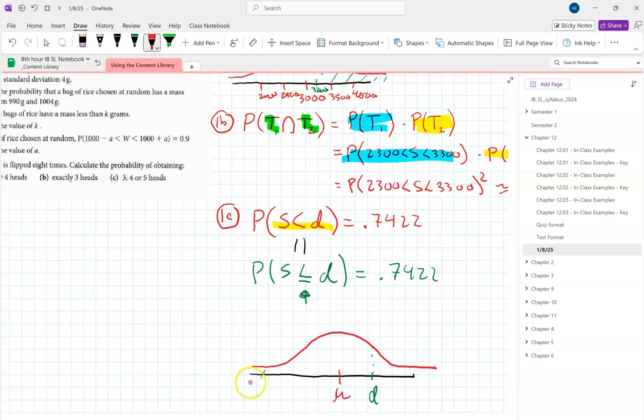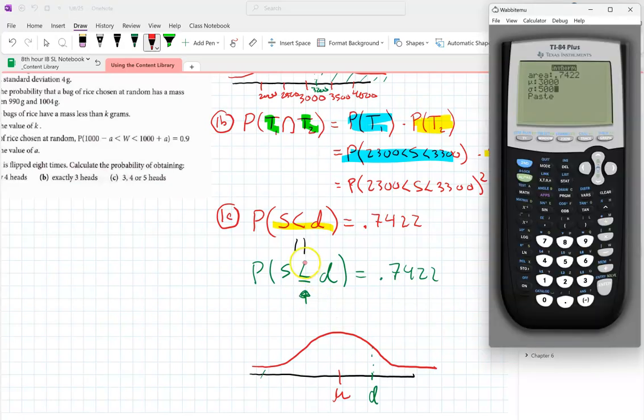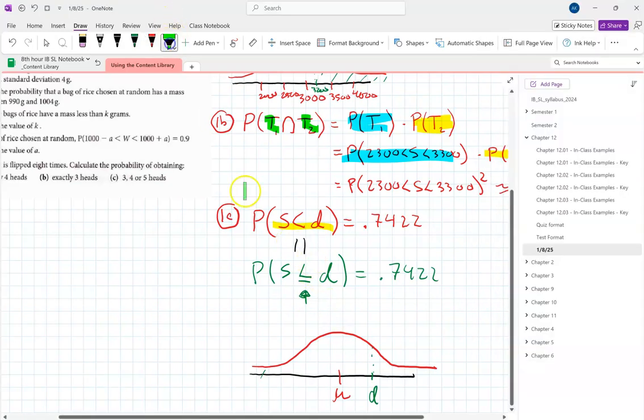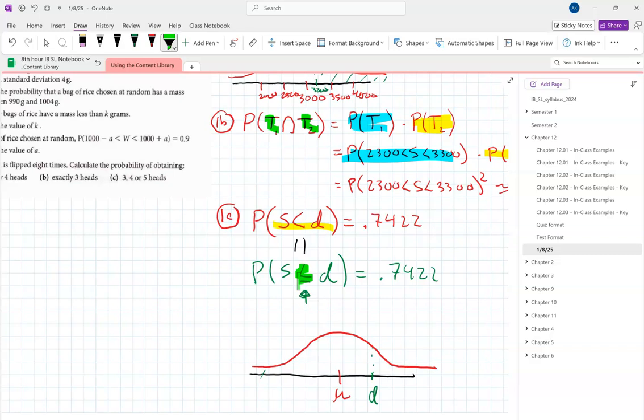So if this symbol here was say a greater than, and I have to use my calculator, I have to use a complement to do it. Or if you have the tail option on your calculator, if that's a field on your inverse normal, you could just update the tail. Okay?